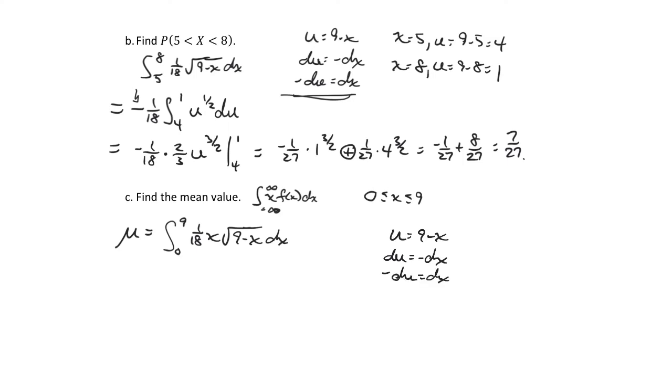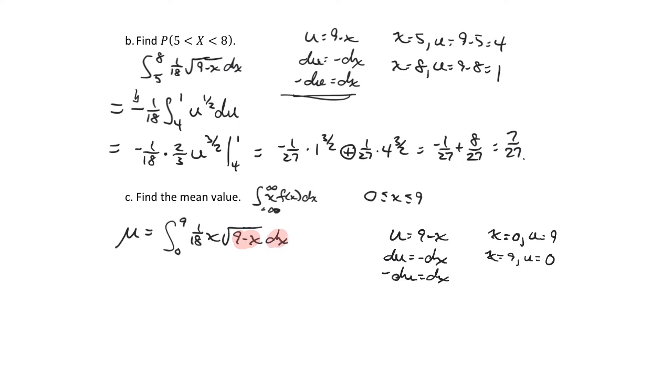Again, we can change our limits of integration like we did in the previous slide. When x equals 0, u will be 9, and when x is 9, u equals 0. So here's the sticky part. The 9 minus x becomes u, and the dx becomes negative du.